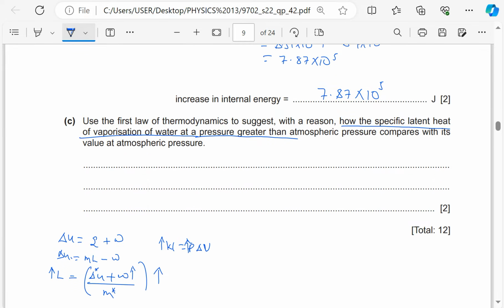So we shall say more work is done at a greater pressure, so the specific latent heat of vaporization will be greater.